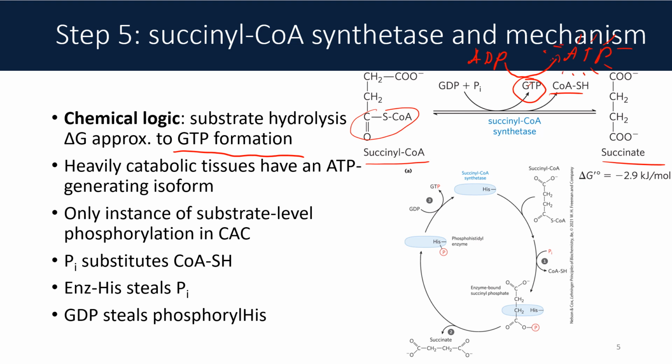So the road can certainly lead to ATP synthesis. It's just not going to be in every cell. I'd like to re-emphasize that this is the only instance of substrate level phosphorylation that is going to occur in the citric acid cycle, or really throughout the aerobic respiration pathways in general.